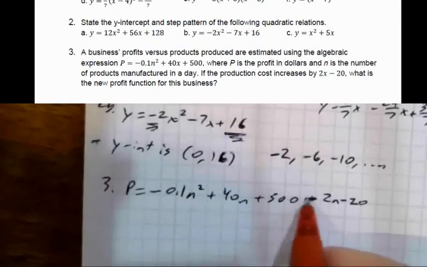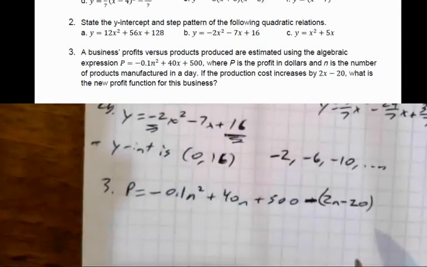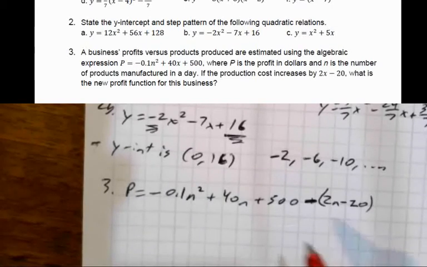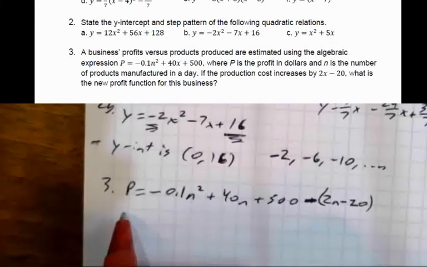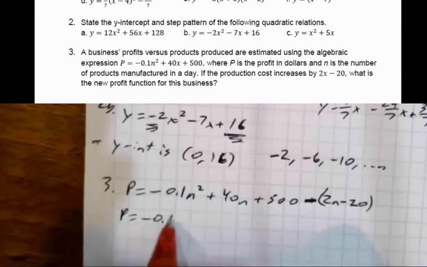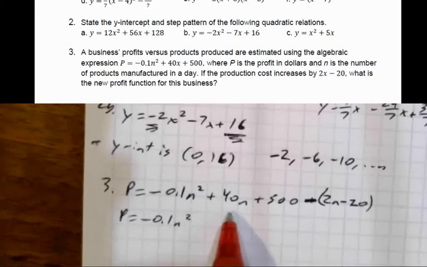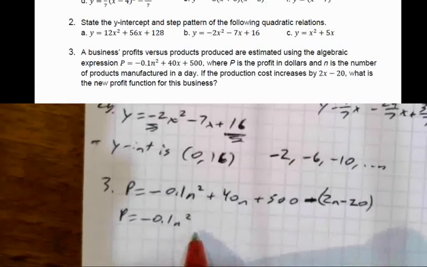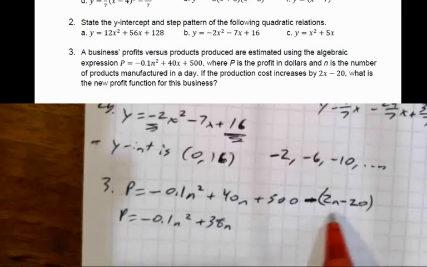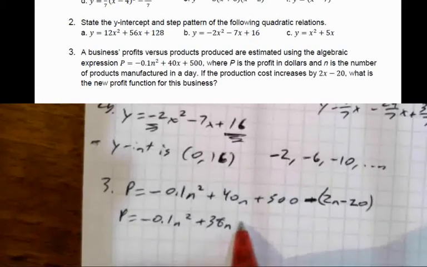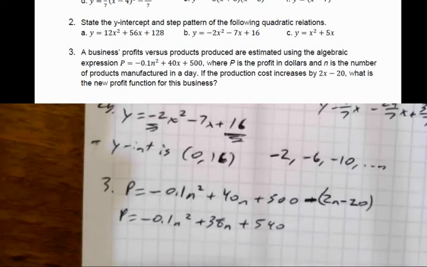So we'll have to subtract this term, because that's a cost, so it's going to cut into their profit. So to simplify this, we have 40n minus 2n, so we have 38n. 500 minus a negative 20, so it's plus 540. That's how our profit for this company will change.